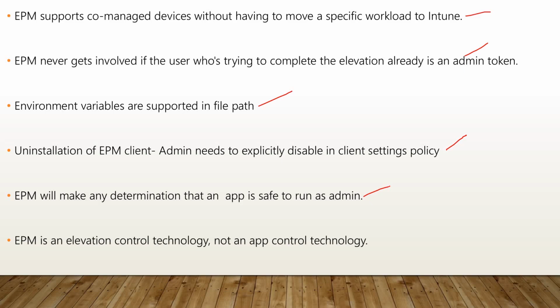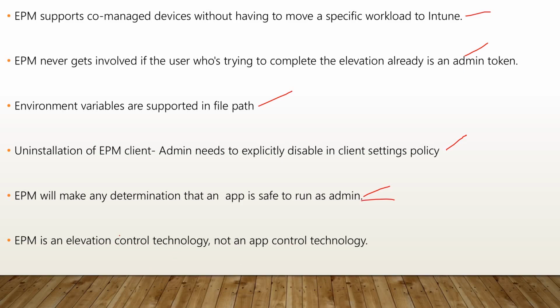I have whitelisted it. So EPM is not used to safeguard the end user from accidentally launching an application as an admin which the tenant admin has already whitelisted, right? So EPM is not going to make any determination on which app is safe to run and which app is not safe to run.